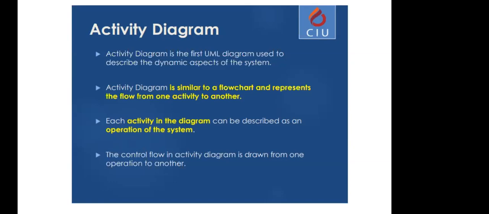branch into multiple pathways. This is why many students confuse activity diagram with the flowchart, and they fail even to see the difference. And they keep telling me that, oh, this is exactly like a flowchart. There's no difference. However, there's one aspect that is different in the activity diagram.